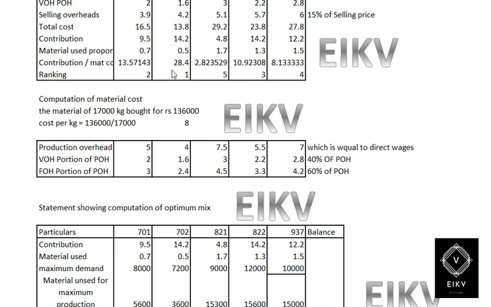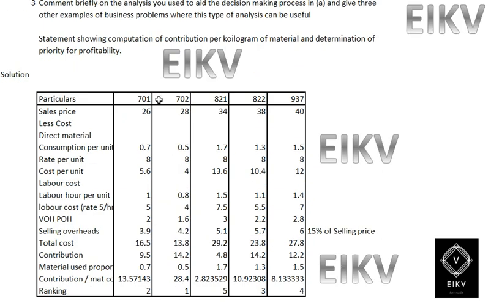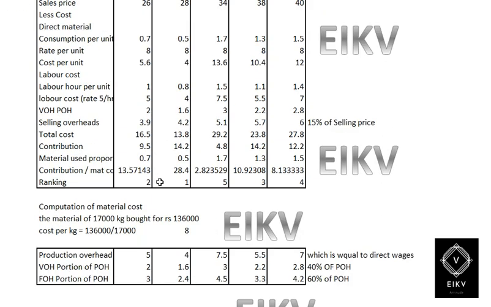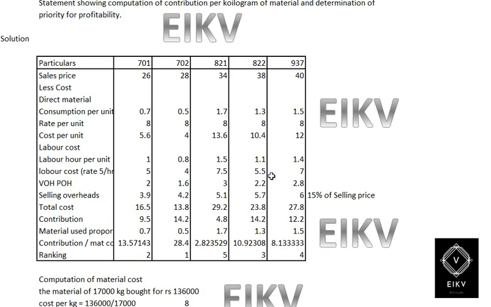you need to take the highest contribution per material and rank it as one. Over here 28.4 is the first rank, and the second one is product 701, which is 13.2, and the third one is 10.92.